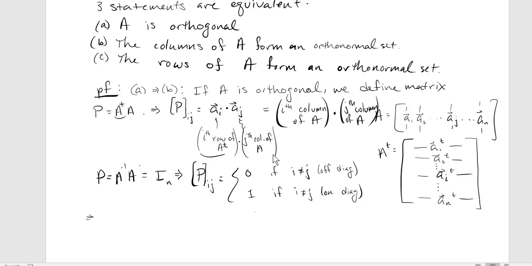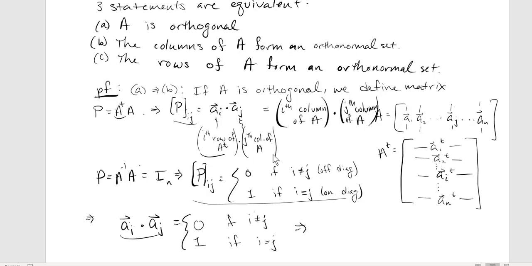So this just implies that the ith column of A dotted with the jth column of A equals this expression for Pij, because it was just another expression for Pij. Sorry, if they're the same, you get 1.